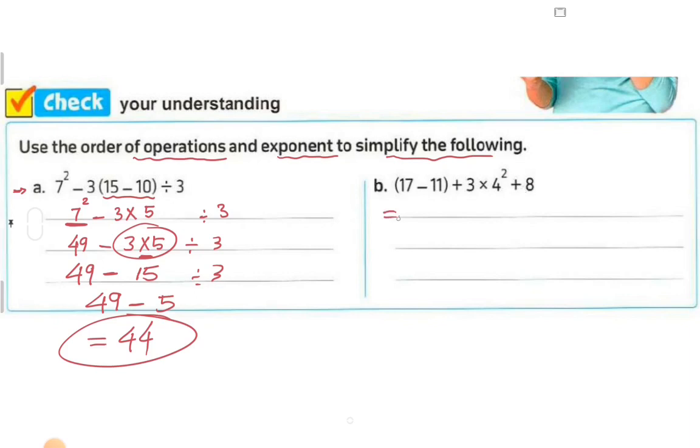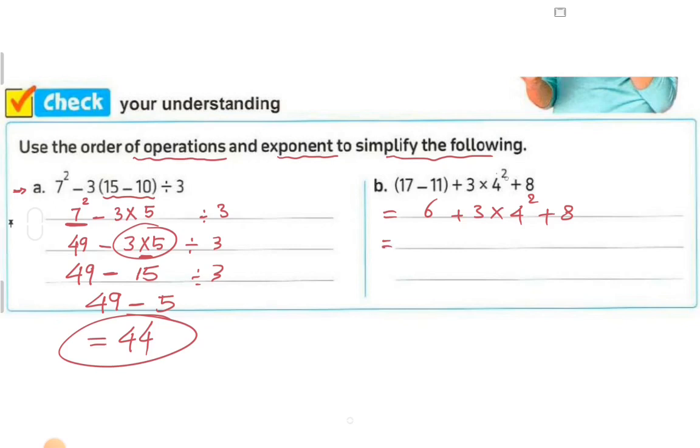Next expression: 17 minus 11 inside parentheses plus 3 by 4 power 2 plus 8. Directly start with parentheses. 17 minus 11 equals 6, and the other terms stay.